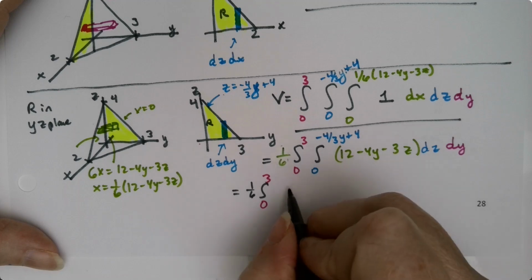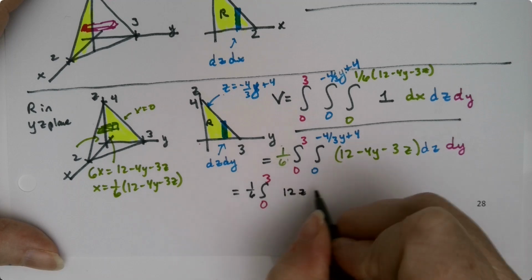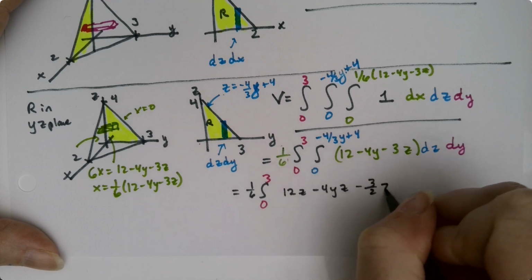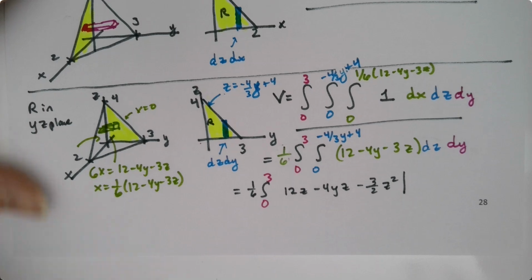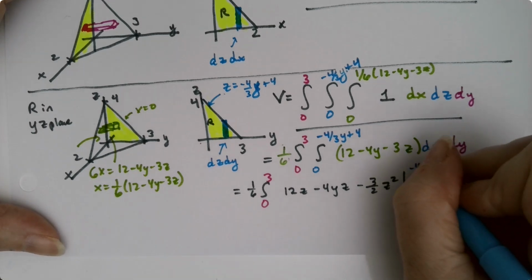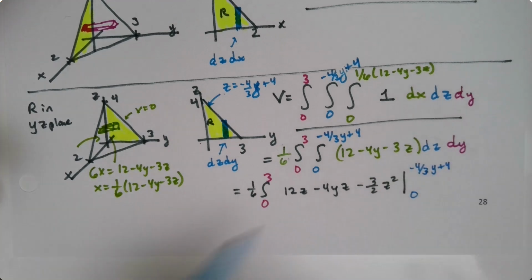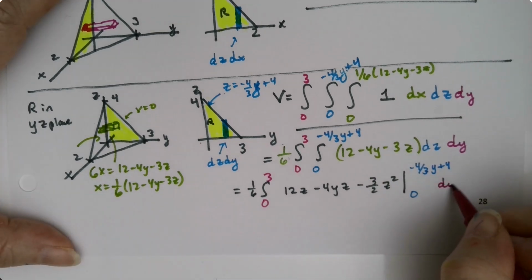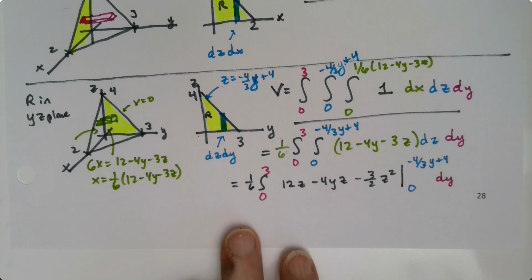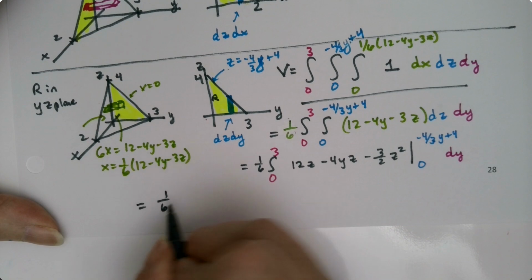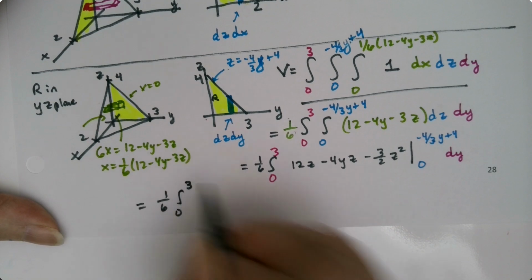And then it's going to become 12z, take away 4yz, minus 3/2 z squared, from 0 to -4 thirds y plus 4 dy. So one more step, and then we're going to make Maple do this, right? So this is equal to 1/6 times the integral from 0 to 3.